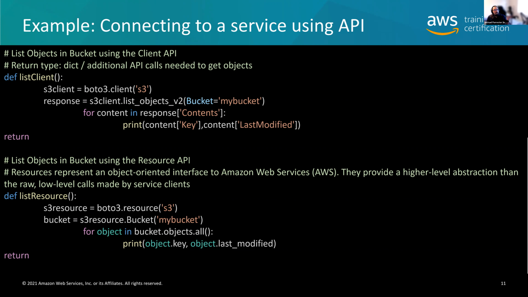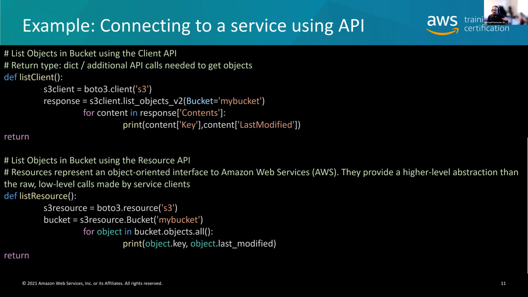But note that I don't think that's a great example for how complex service client APIs can get compared to the higher level abstraction that the resource APIs can get, right? So just know in general, they're going to want you to use the more abstracted resource APIs to define the service as an object and execute it that way, instead of doing low level calls across the object, its parameters, and its responses. So yeah.